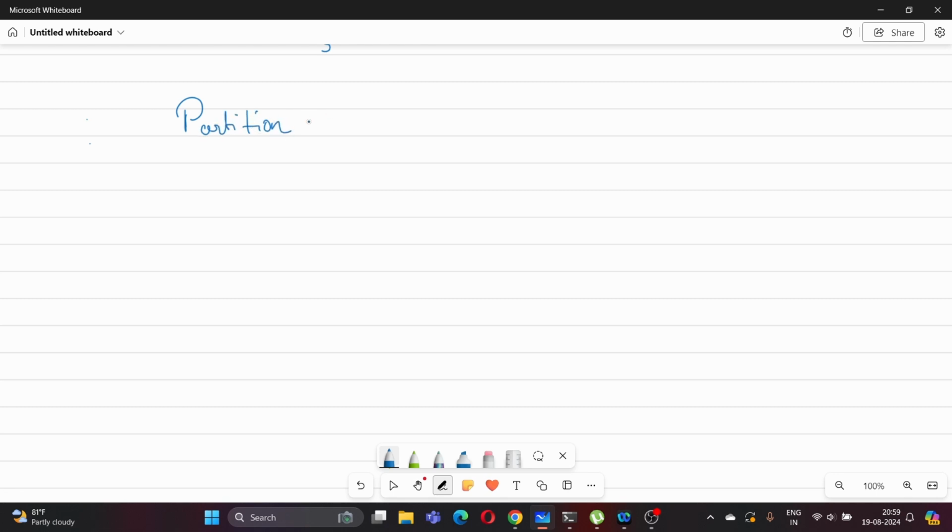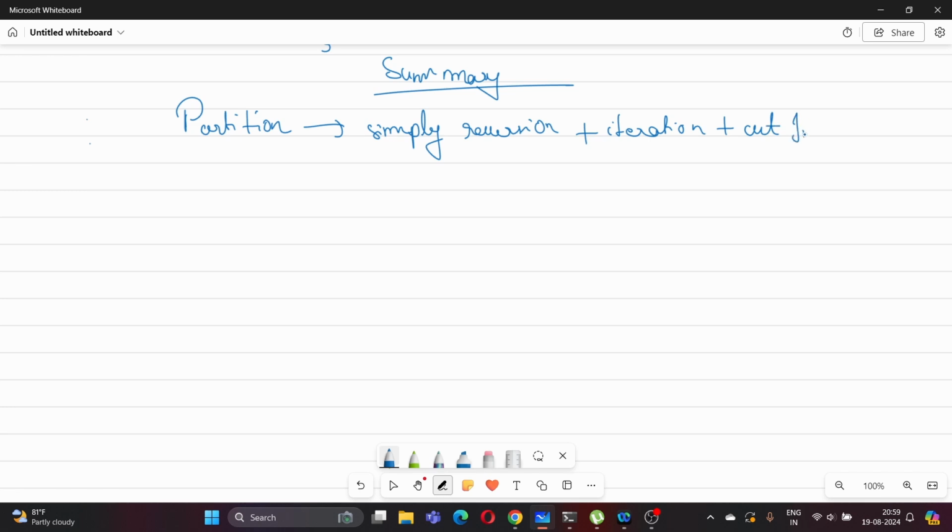Just make it a heading: Summary. Partition is simply recursion plus iteration plus cut interpretation.